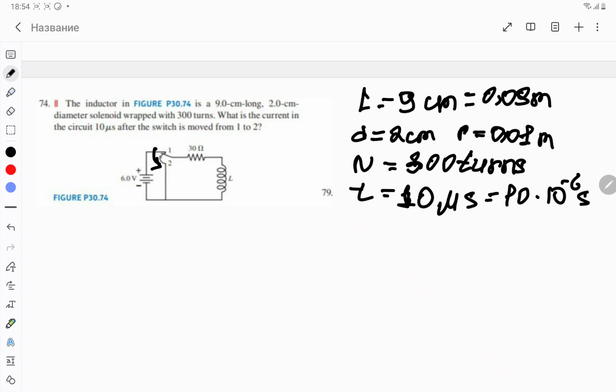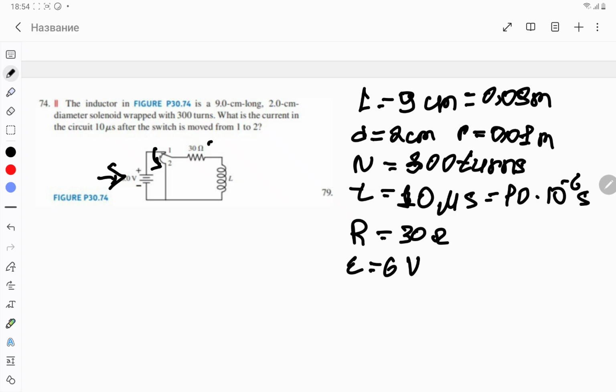By default we know that the resistance R is equal to 3 ohms here, and the battery provides voltage or EMF equal to 6 V. So our goal is to find the current I(t) after 10 milliseconds.